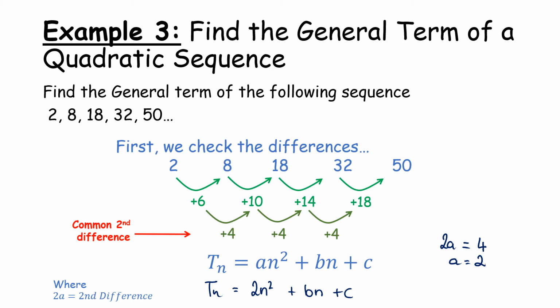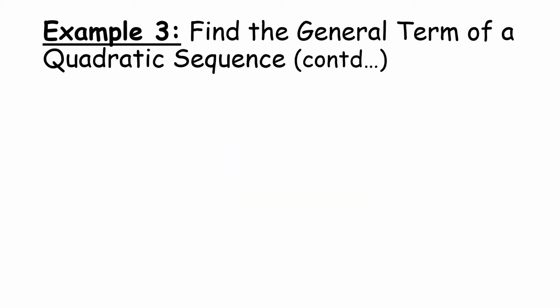So I'm just going to move to a blank page to give a bit more space. And just to bear in mind, we're going to need to remember that our first term is 2 and our second term is 8. So far we have 2n squared plus bn plus c.